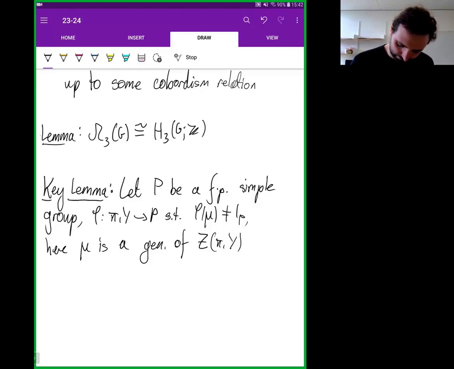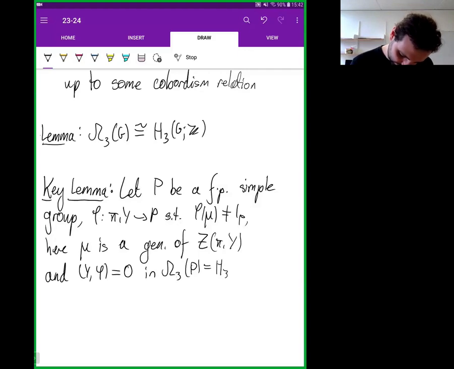We want the bordism class to be equal to 0 in omega 3 of p, which is just the third homology of p.